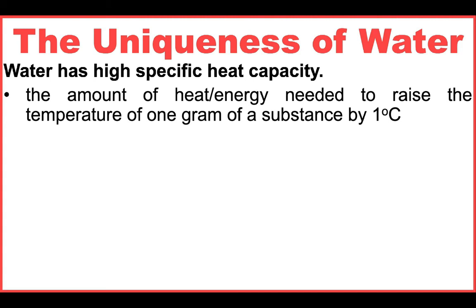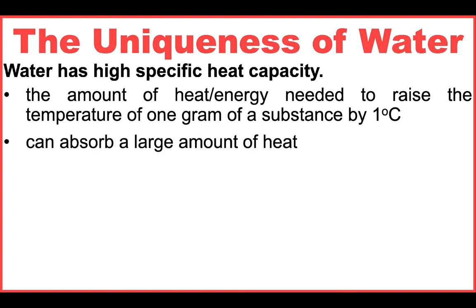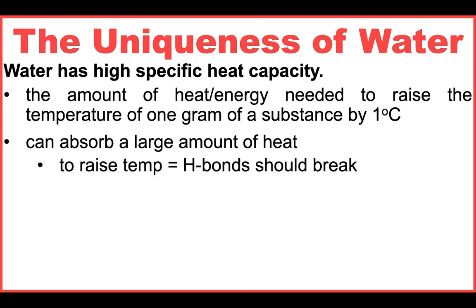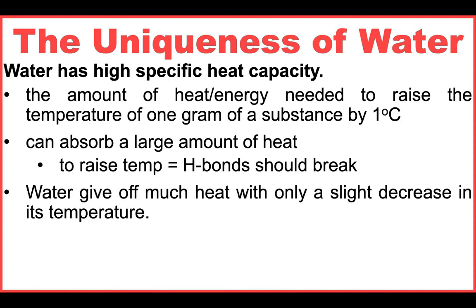It is one of the highest for many liquids. Water can absorb a large amount of heat even if its temperature rises only slightly. To raise the temperature of water, the IMF hydrogen bonds should break. The opposite is also true.